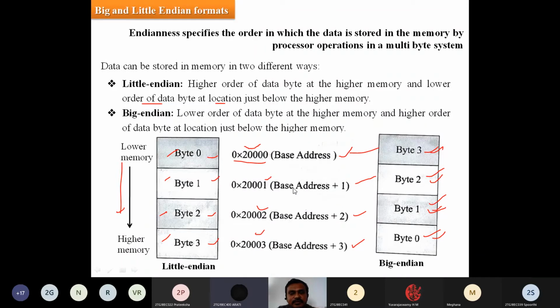In the big Endian, how are you going to allocate the memory of 7 bytes? No audio from your end. Sorry, your mic is not good.